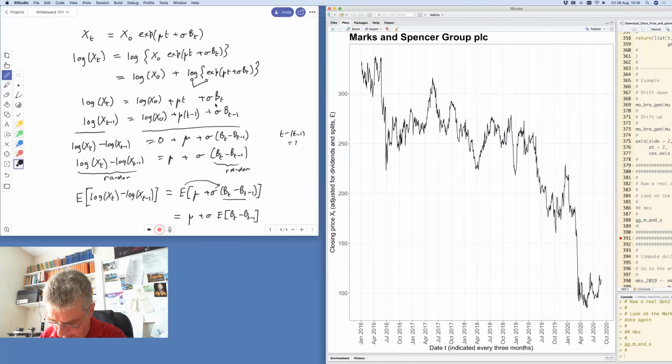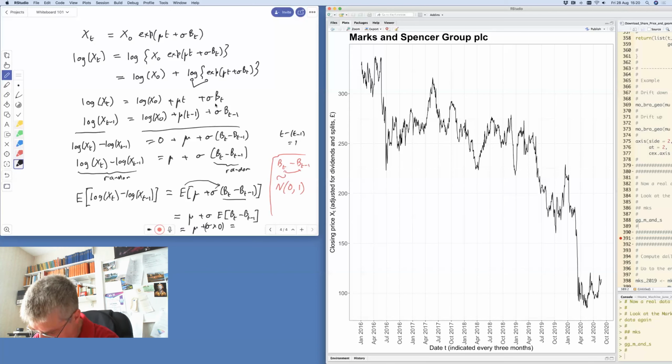Now, let's just think about what we know about bt minus bt minus 1. Well, we saw earlier that it is normally distributed with mean 0 and variance the gap between these two times. The gap between these two times is 1, so that's normally distributed with mean 0 and variance 1. So if I go back here, the expected value of log xt minus log xt minus 1 is mu plus sigma times that expected value, which is 0.